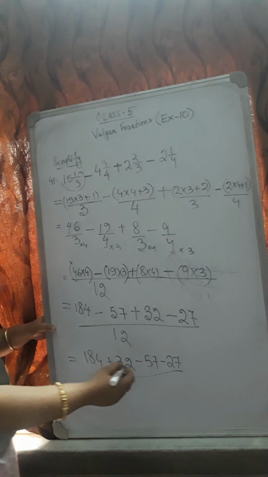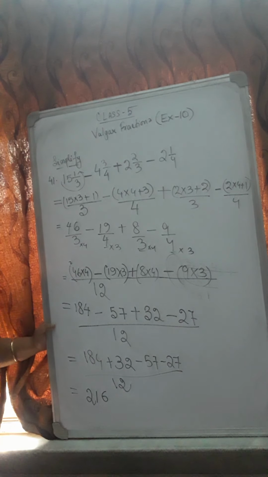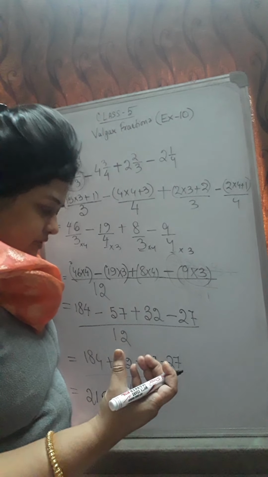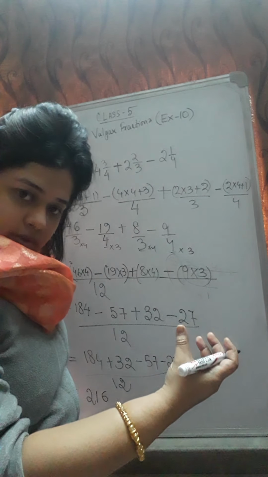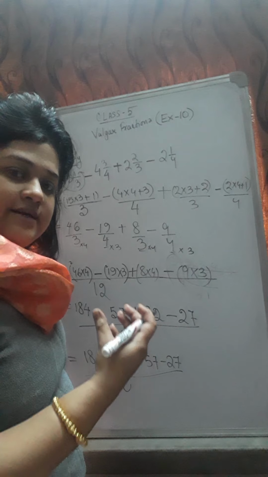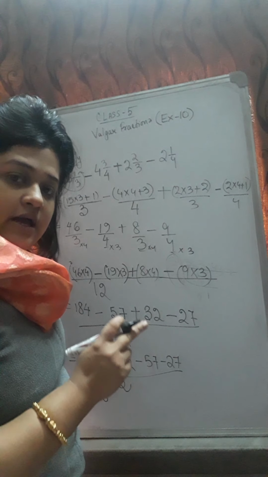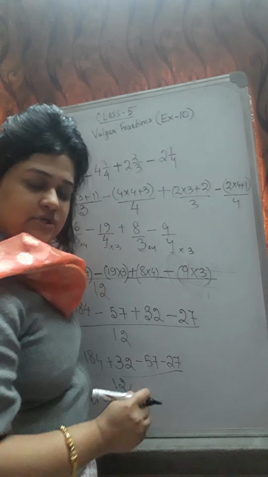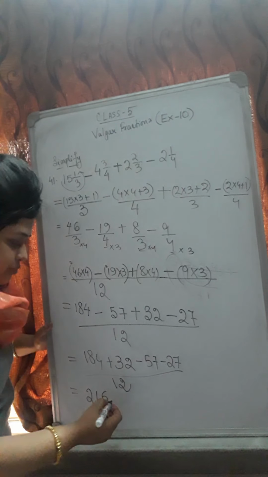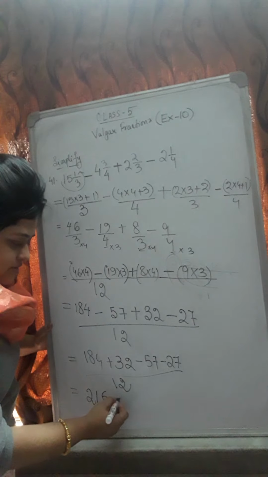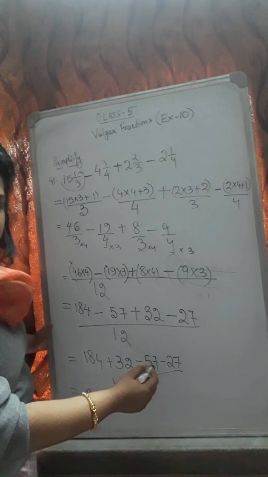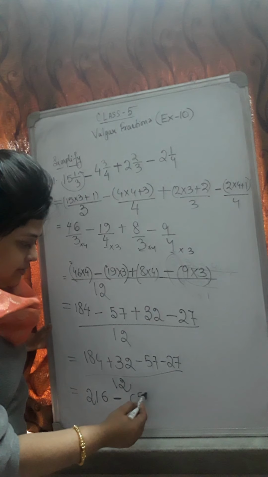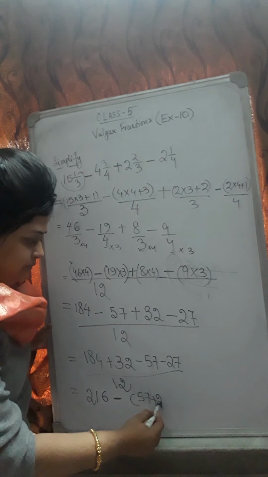And now you have to subtract. Now what you have to subtract? You have to subtract two things. First you have to subtract 57 and then you need to subtract 27. So we want to do it in a single step. So what we need to do? Since we need to subtract both the numbers, we can put the subtraction sign once and we can add both the numbers, that is 57 plus 27.